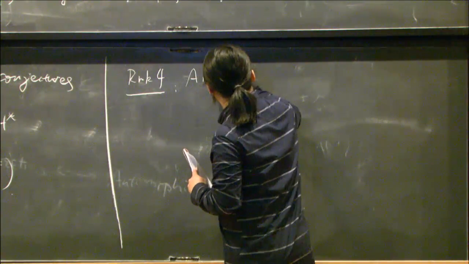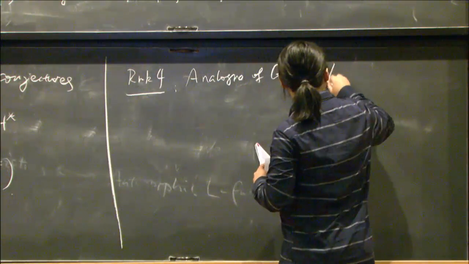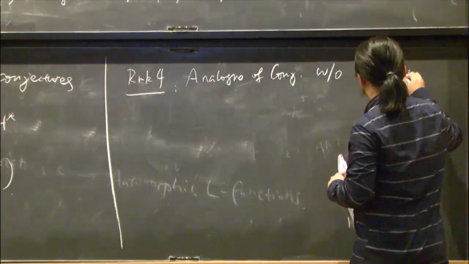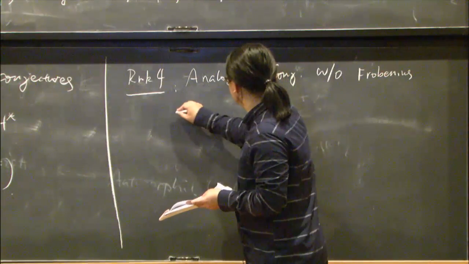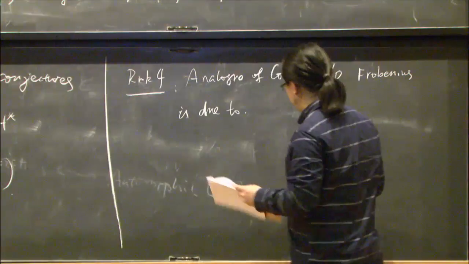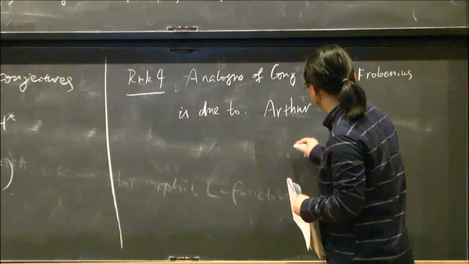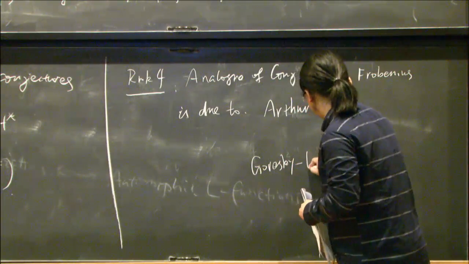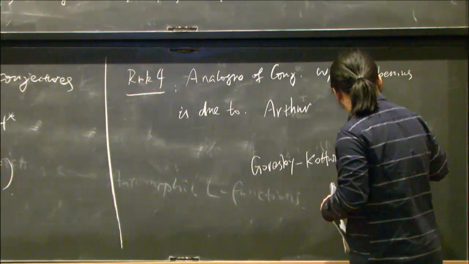So the analog of the conjecture, but without Frobenius. So only about the choice of a Hecke operator on the intersection cohomology is due to works by Arthur and Goresky, Kottwitz, and MacPherson.